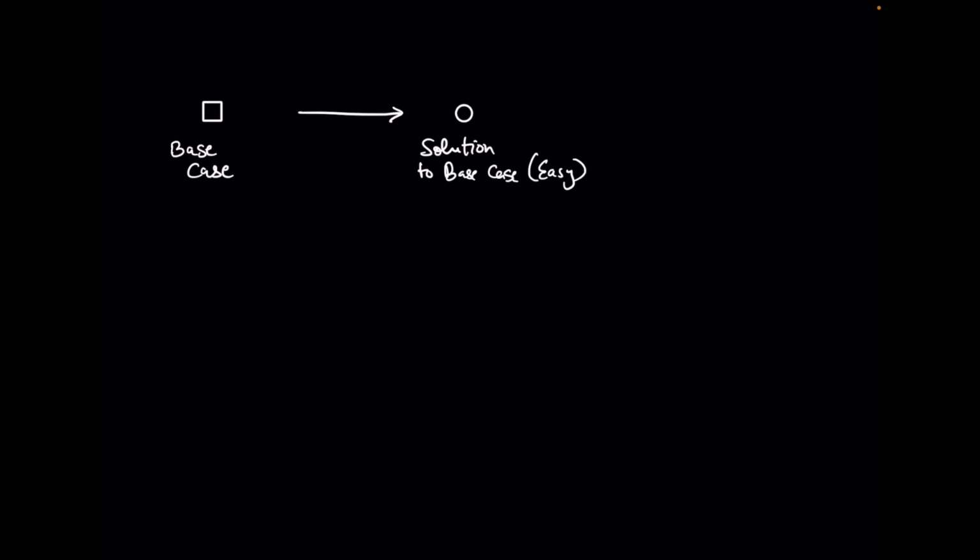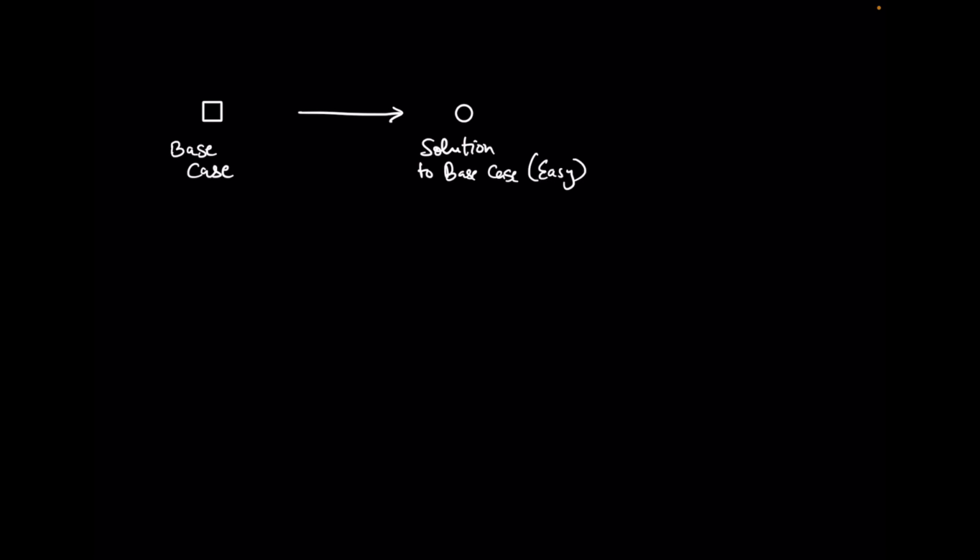So if you have a case like that, we simply either hard code the solution sometimes or write some simple algorithm to compute the solution to the base case, and that's it. So if the sub-problem that you get is a base case, we have some easy method to obtain the solution of the base case, and that's it. So we achieve the solution to the sub-problem, right?